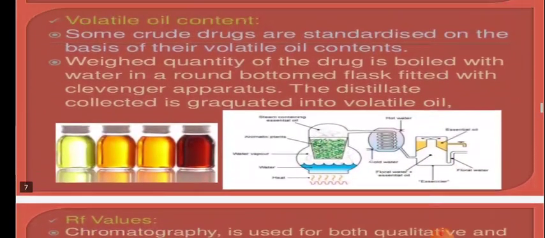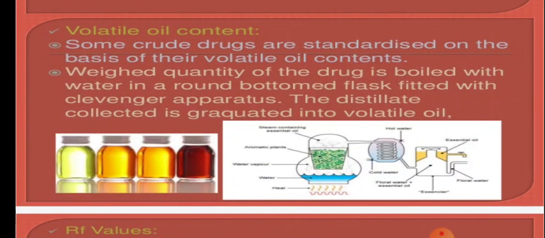Then volatile oil. Some crude drugs are standardized on the basis of their volatile oil content. A quantity of the drug is boiled with water in a round bottomed flask fitted with a Clevenger apparatus.